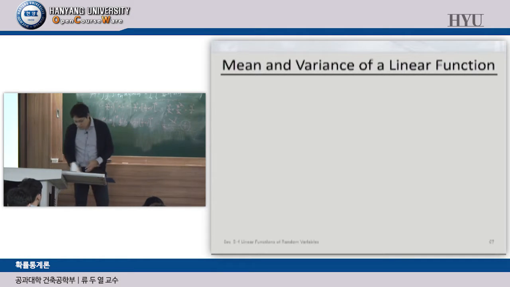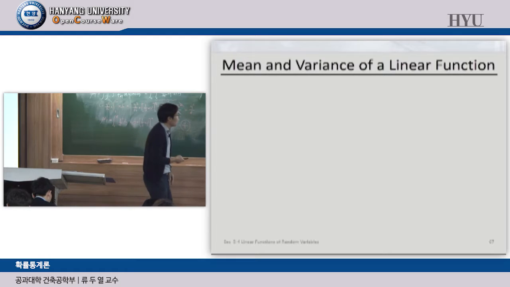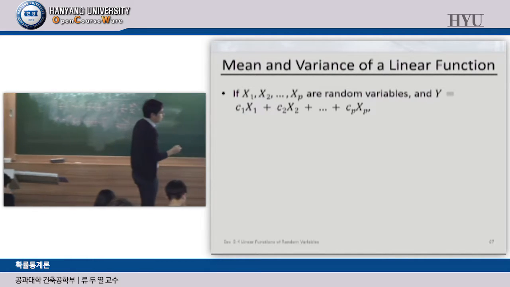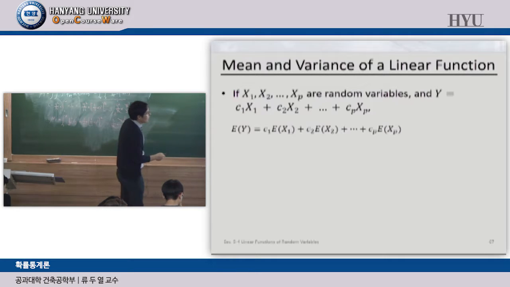And for the case of the linear function of random variables, we can also have the mean and variance. If x1, x2, up to xp are random variables, and y is equal to c1 by x1 plus c2 by x2 plus and so on, plus cp by xp, the mean of y is equal to c1 by E(x1) plus c2 by E(x2) plus and so on, plus cp by E(xp).